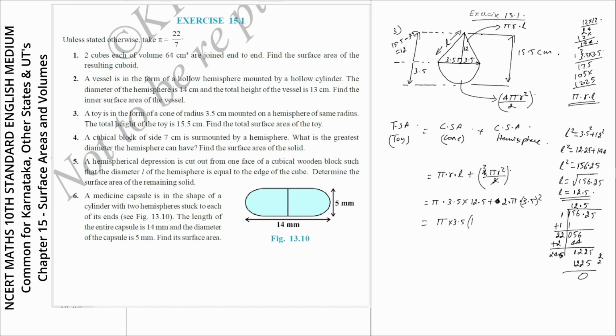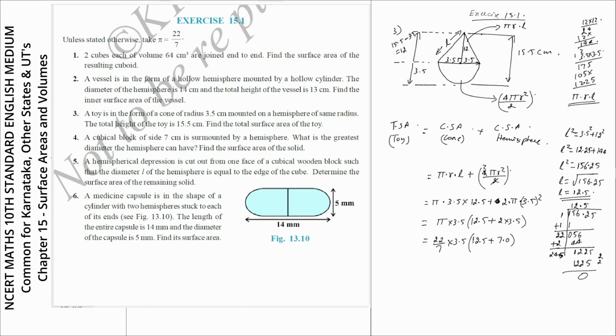Now I am left with 12.5 plus 2 into 3.5. So here 3.5 the whole square means 3.5 into 3.5. So 3.5 I have taken common. Now this is equal to pi is 22 by 7 into 3.5. So 12.5 plus 2 into 3.5 is 12.5 plus 7. So I'll get 7.0.